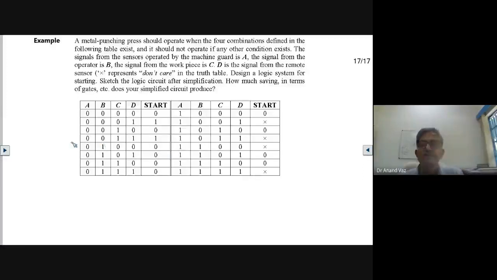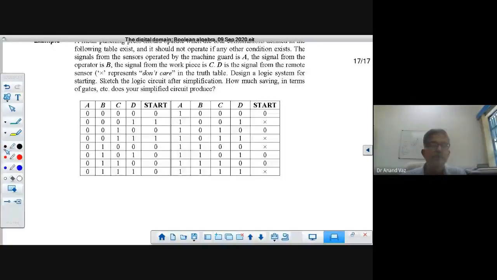So for this, we will again have to construct a Karnaugh map because we have these don't care elements here. So how do we proceed? Let us begin with the construction of the Karnaugh map. We'll slightly reduce the size of this.